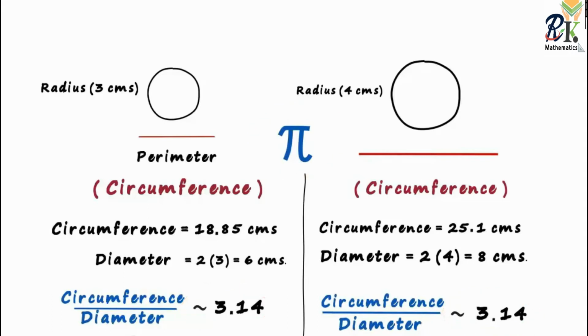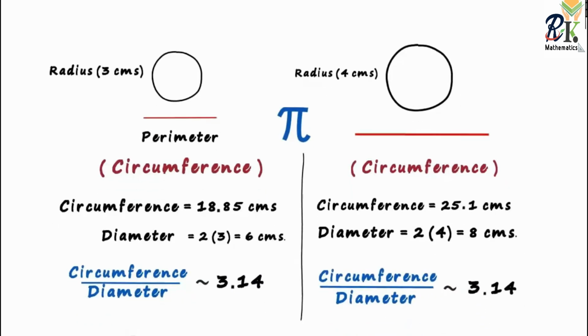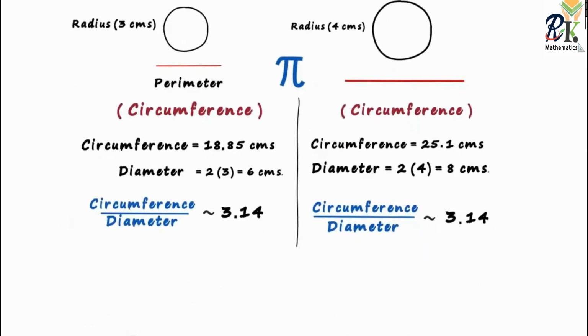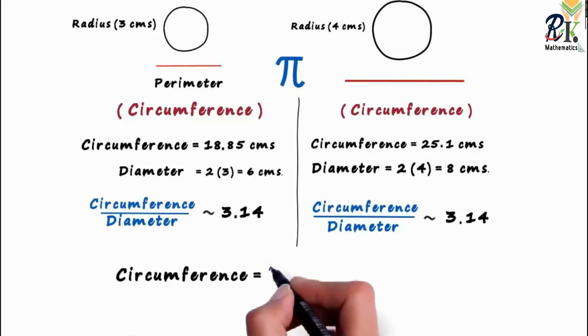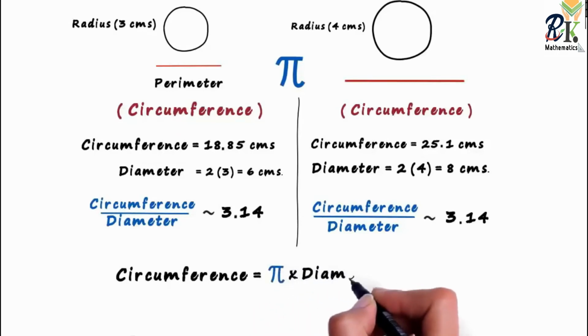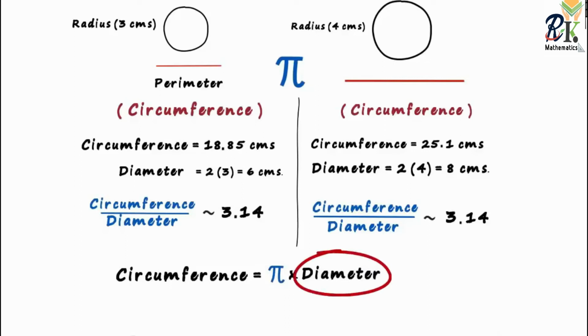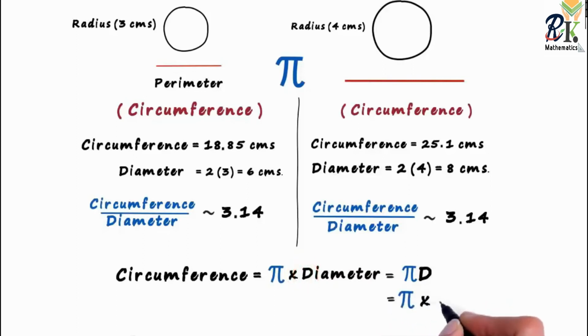Okay. Let us zoom out and deduce the formula for the circumference. As circumference by diameter equals pi, we can say that the circumference of a circle equals pi multiplied by diameter. If we call the diameter d, then the formula can be written as pi multiplied by d, which can also be written as pi multiplied by 2r, because the diameter is twice the radius.